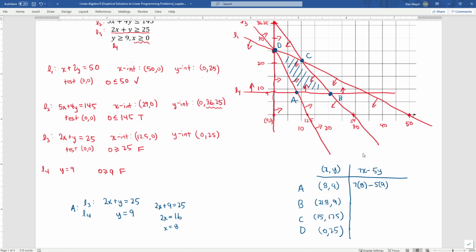So that gives me 11. Let's see. 7 times 21.8 minus 5 times 9 gives me 107.6.